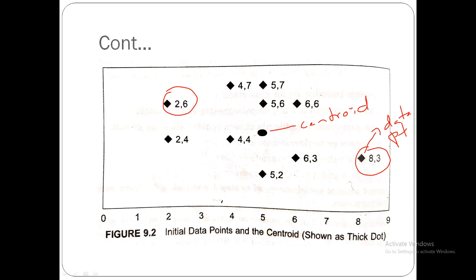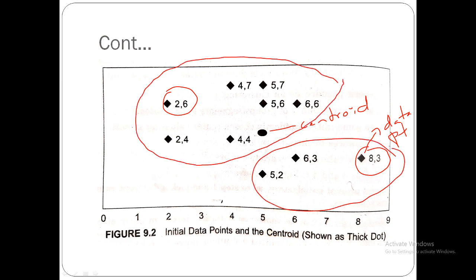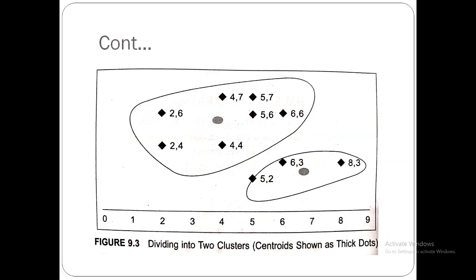The 3 points at the bottom. See, these two are going to form one cluster, and these all are going to form another cluster. Like this we are going to form the clusters. How are we going to form the clusters? Based on the distance between the points. The two clusters look like this here.